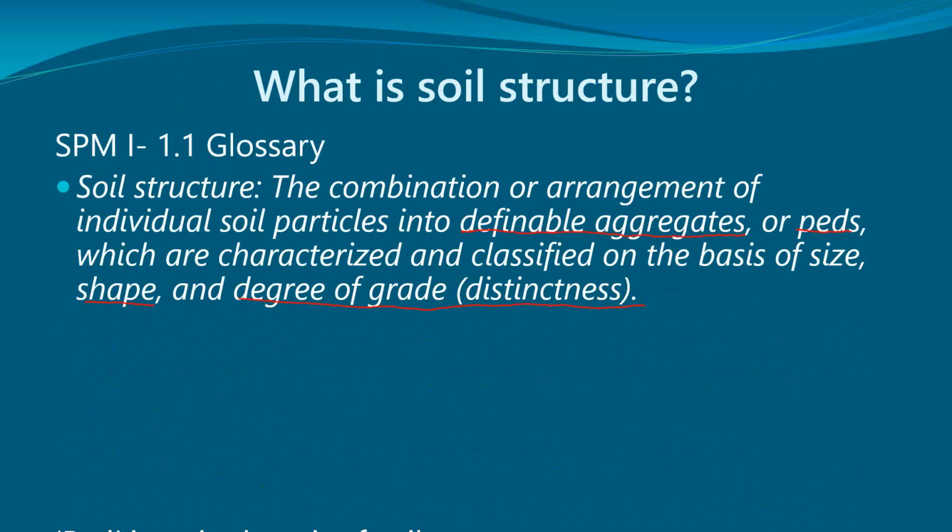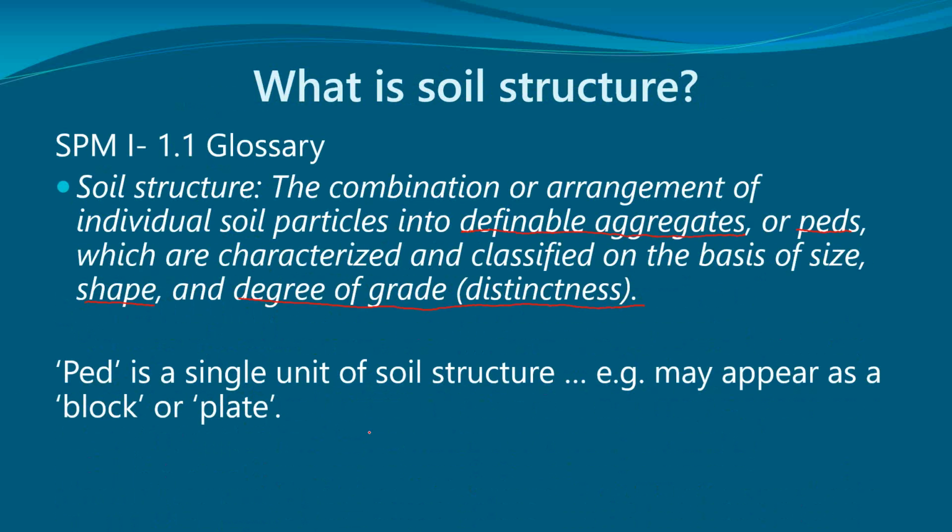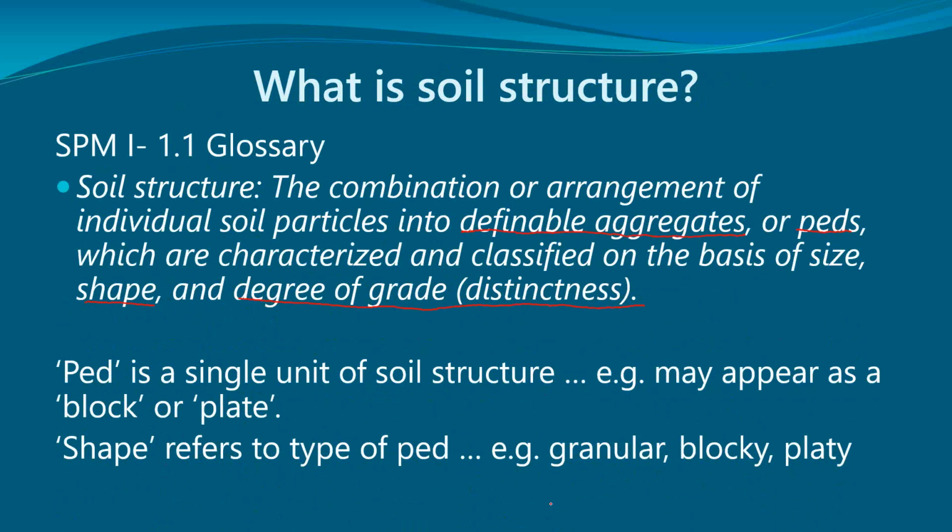Let's define PED. A PED is a single unit of soil structure. In other words, a bunch of individual particles came together into a chunk. And that PED can appear as a block, a plate, a column, or some other things. So that's a PED. The shape of the PED then refers to the type of PED, and those terms are used interchangeably, shape and type.